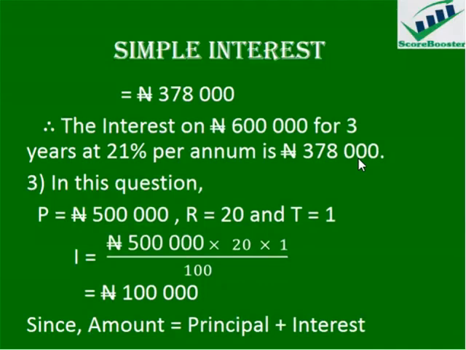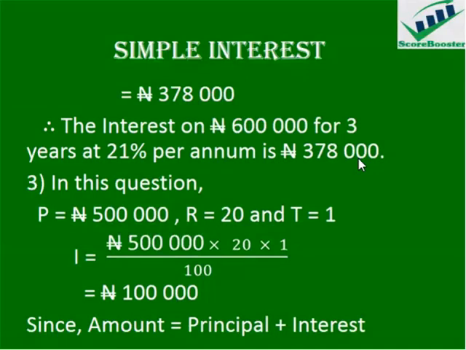So the third question says that Femi collected a loan of 500,000 at an interest rate of 20% per annum. What amount will he pay back at the end of the year?